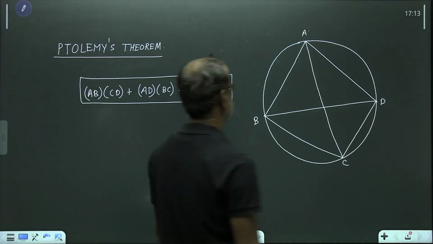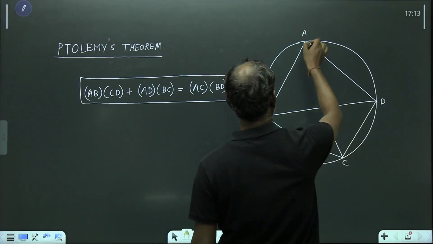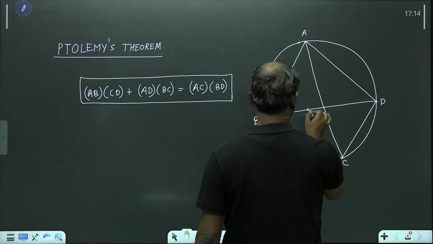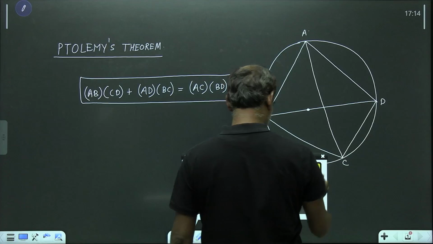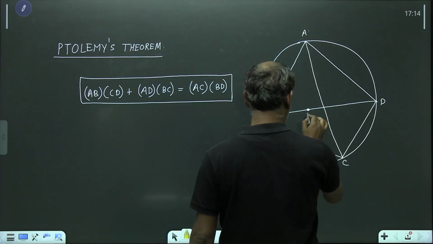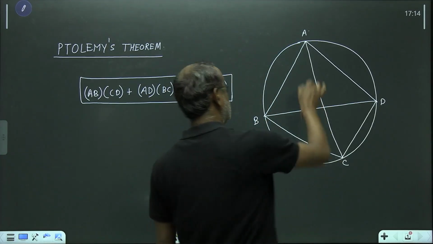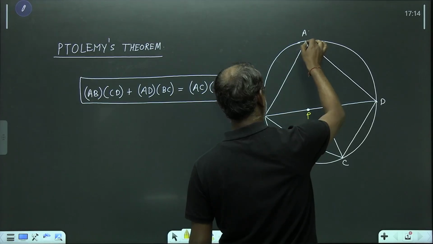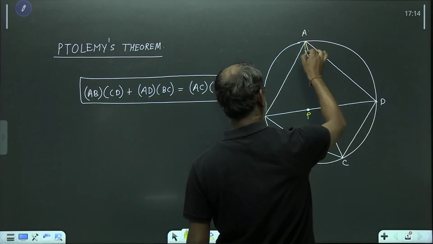One way is that we draw a line. We take a point P on BD and join AP. Just appreciate the manipulation that is being done.